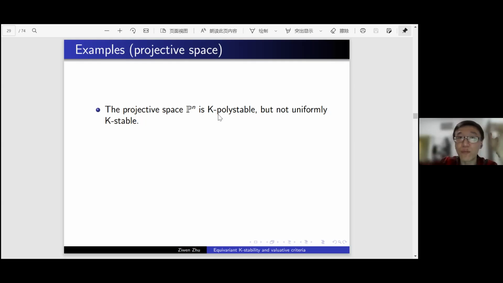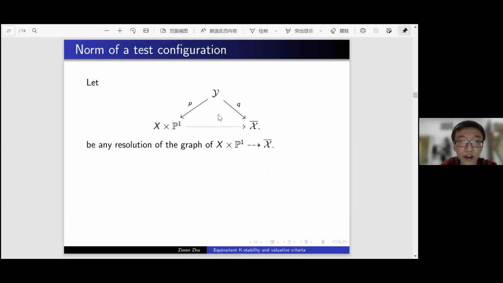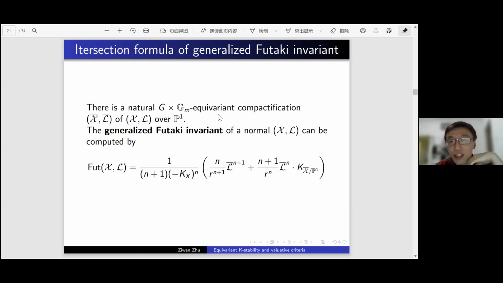Basically we have a finite morphism between test configurations, and the generalized Futaki invariant can be expressed as intersection numbers, so it doesn't change under a finite map, up to a multiple. So therefore everything is fine as well. In fact, we use this trick a lot by taking quotients of test configurations. But of course, you may have to take some multiples of the polarization to have a linearization on the GIT quotient.